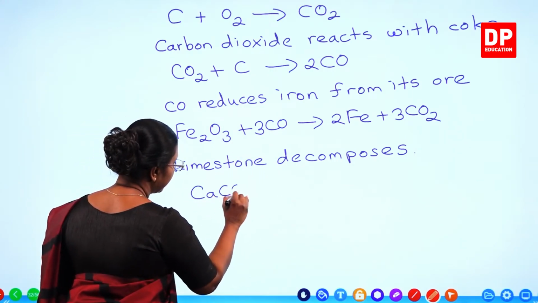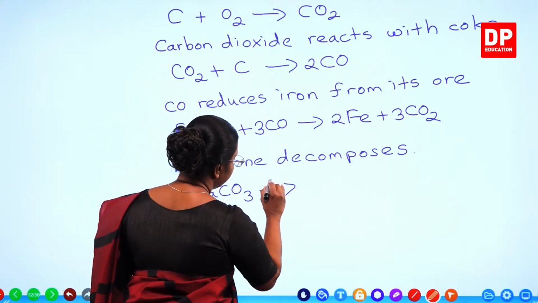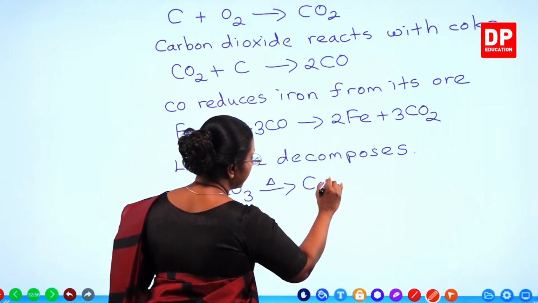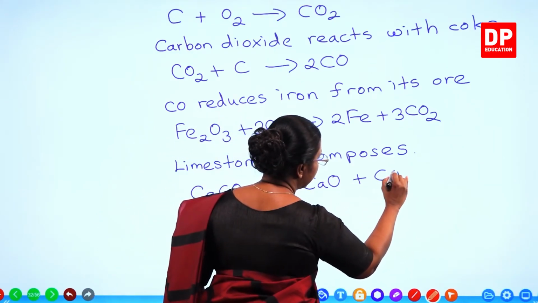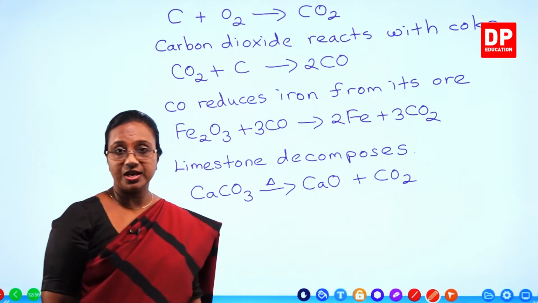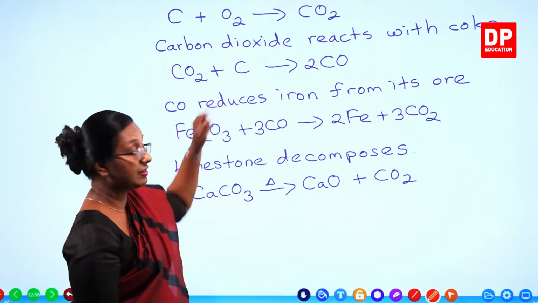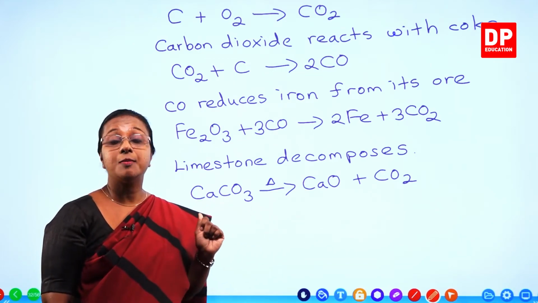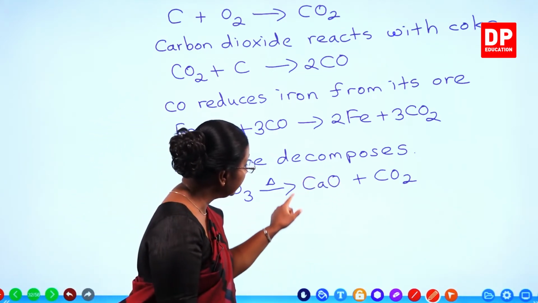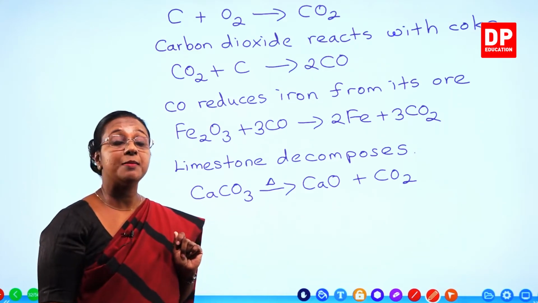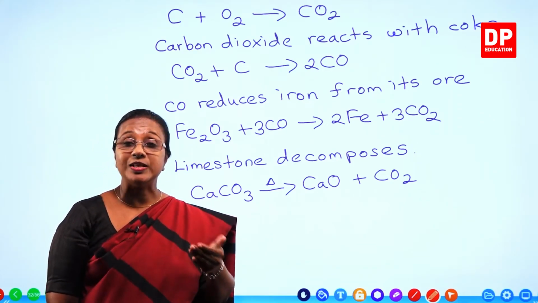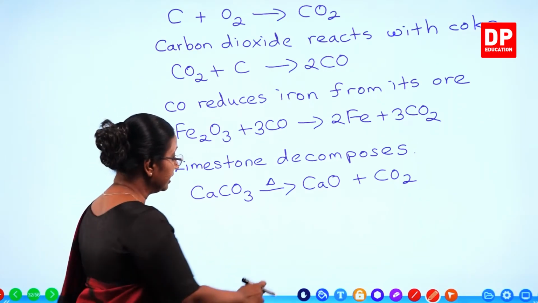What happens there? Calcium carbonate, when you heat, decomposes and forms calcium oxide and carbon dioxide. From this also, a part of carbon dioxide can react with carbon coke, forming carbon monoxide. But we need this calcium oxide. What happens there? It reacts with the impurities present in hematite.